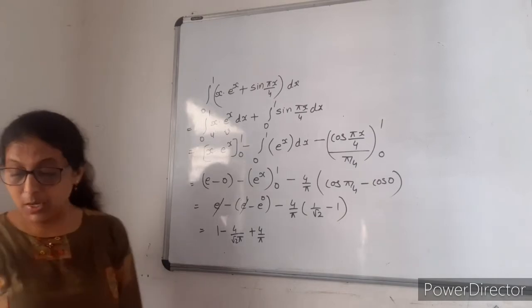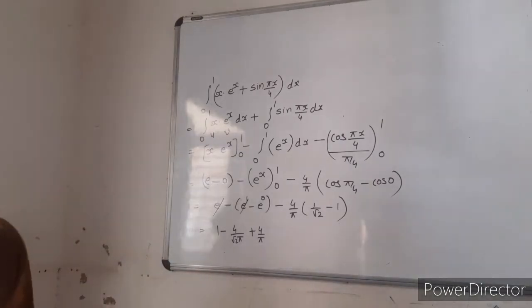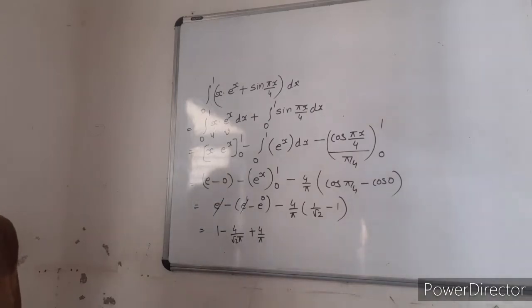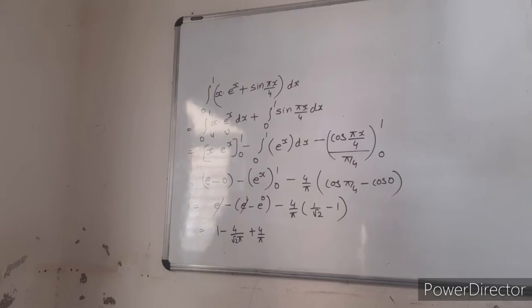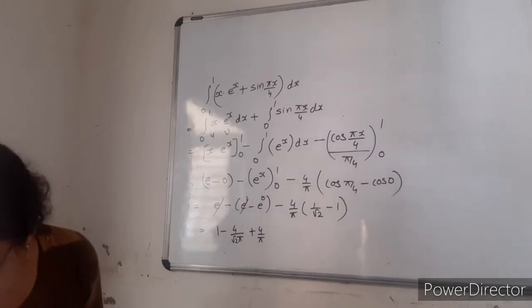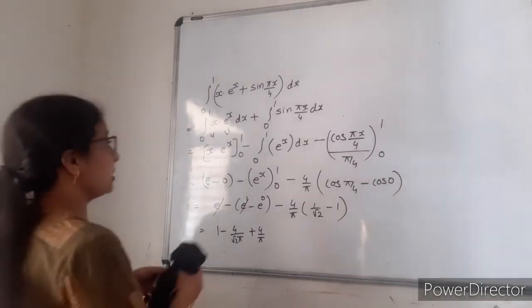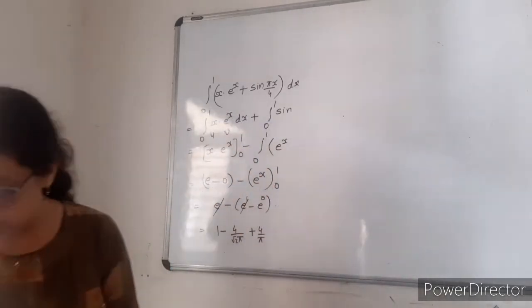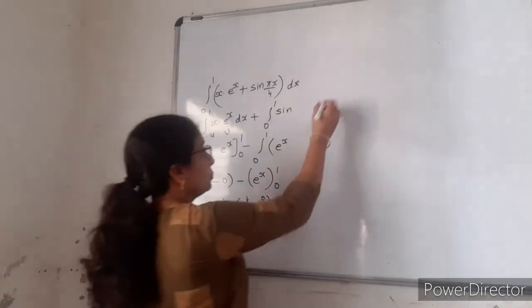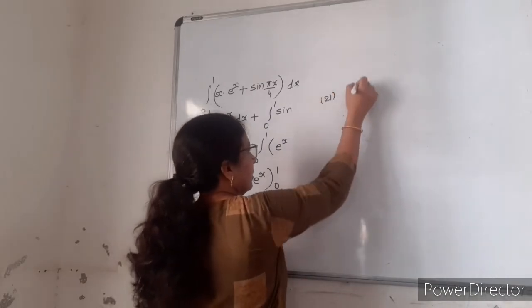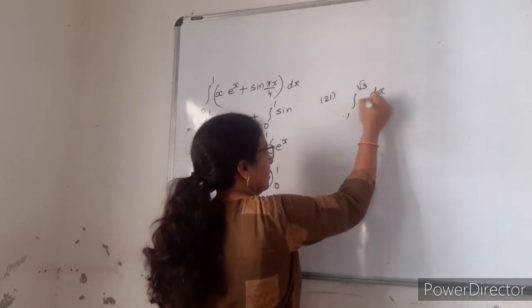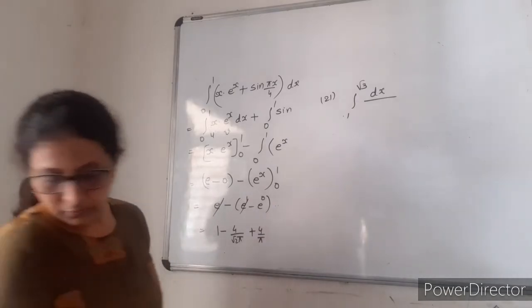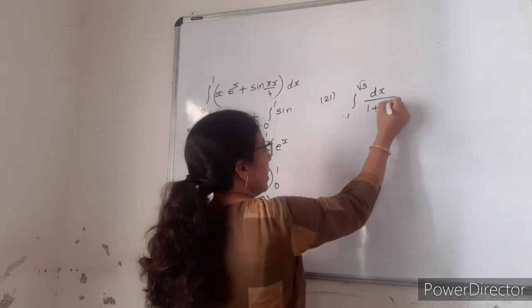So this is our question number 20. Now 21 and 22 are MCQs. This 21 is just a 1 mark question, keep in mind. Here it is integration 1 to root 3, dx upon 1 plus x square.